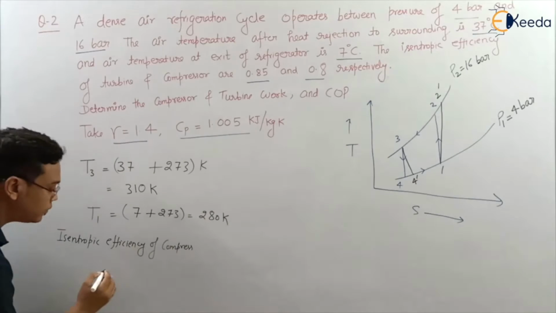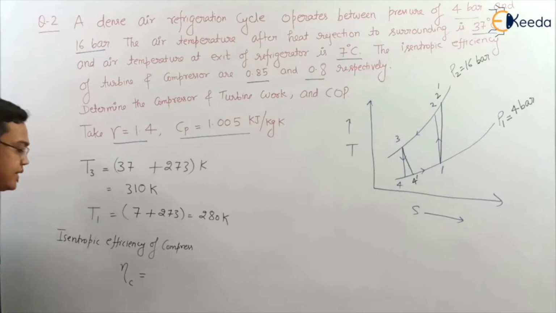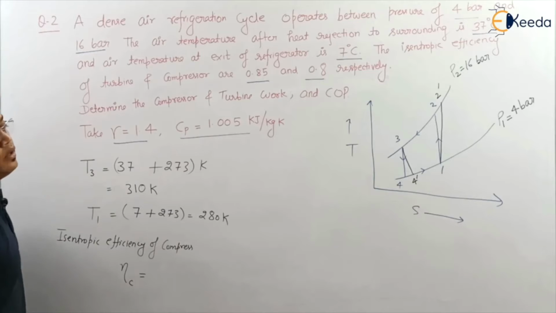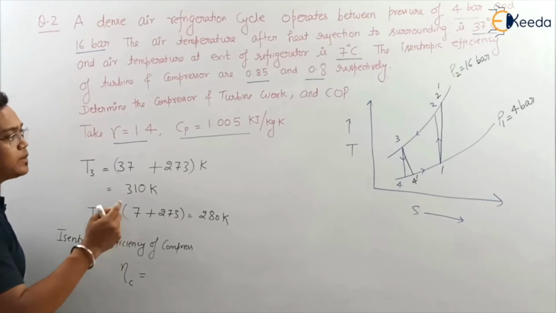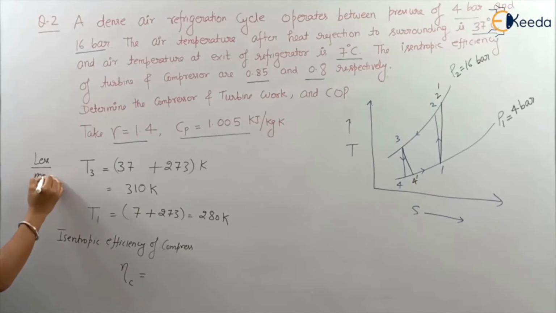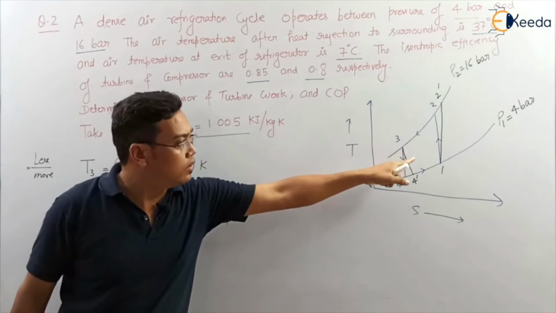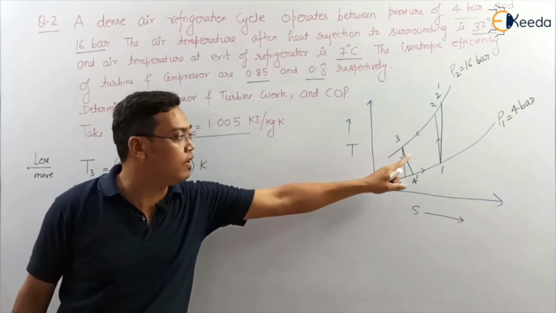The isentropic efficiency of compressor is, as I have already told, less by more. Remember, less by more. In which process are we giving less work input? In 1 to 2.